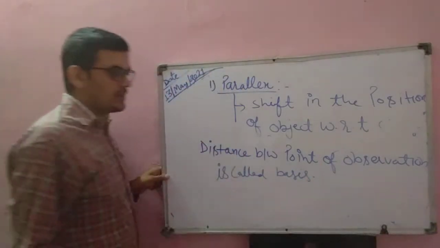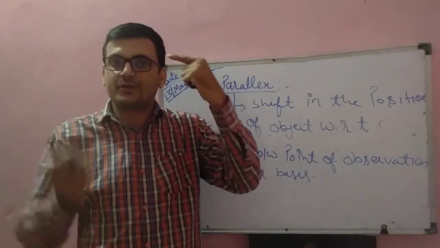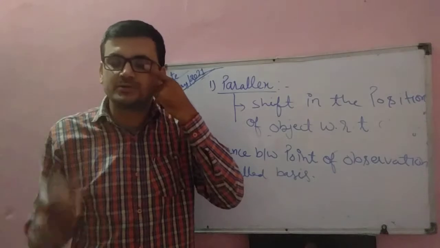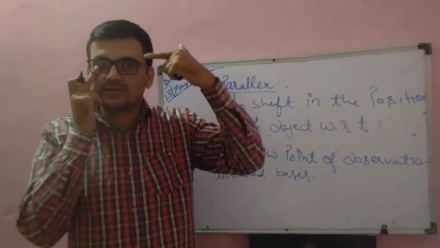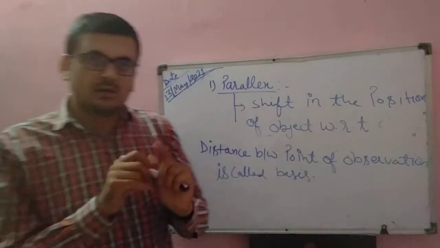The first point of observation is this, the second point of observation is this. So this distance is called basis.